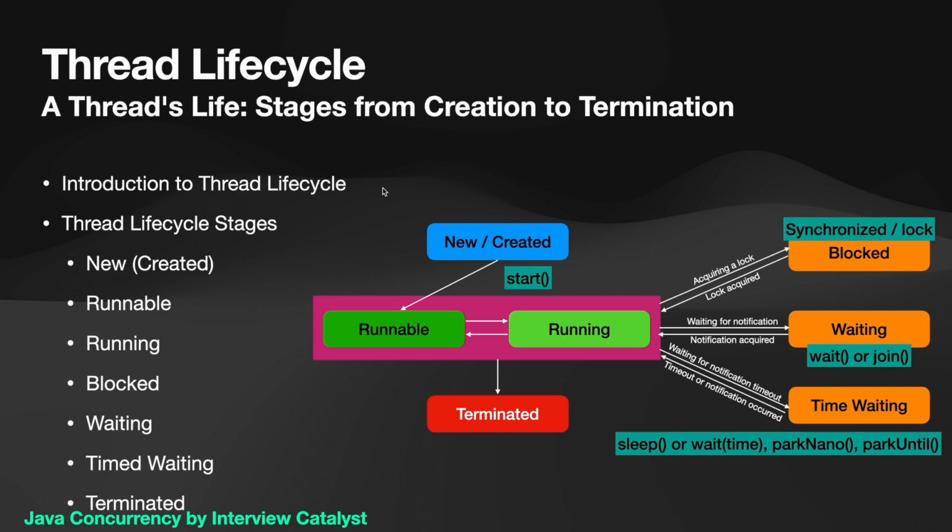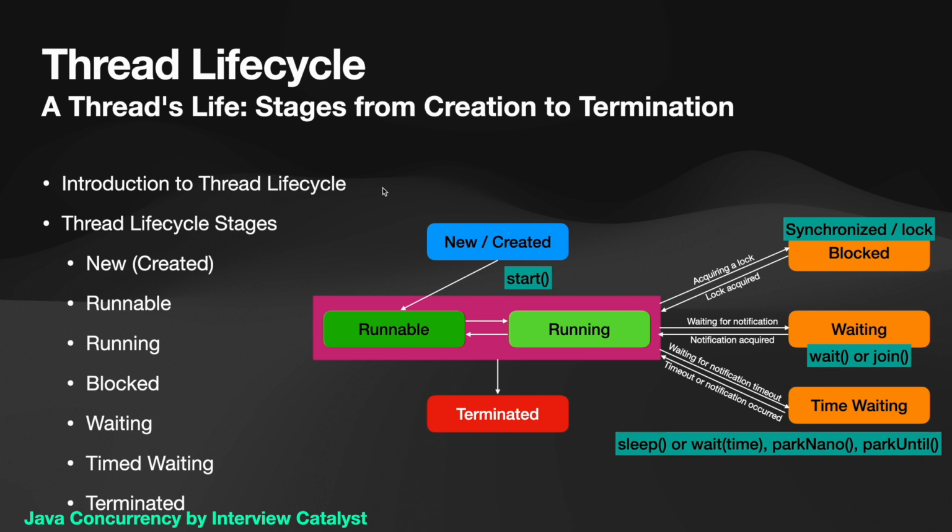Introduction to thread lifecycle. To fully understand how threads work, it's important to learn about their lifecycle. A thread in Java goes through several stages from its creation to termination, and understanding these stages will help you manage thread behavior effectively.